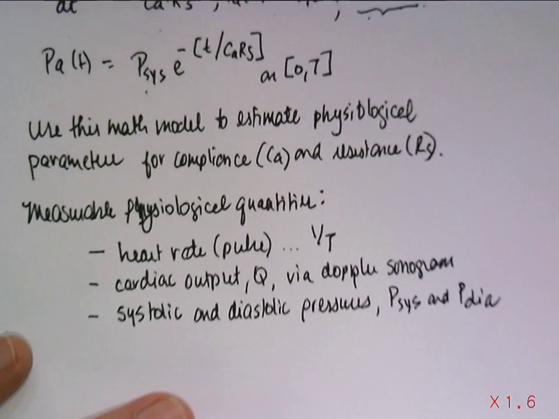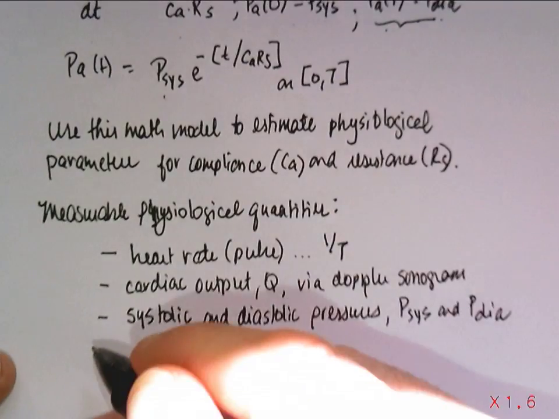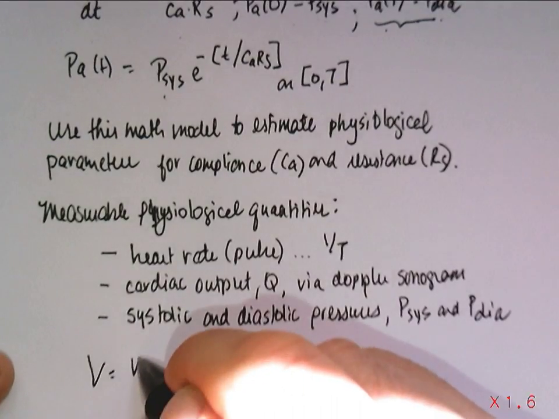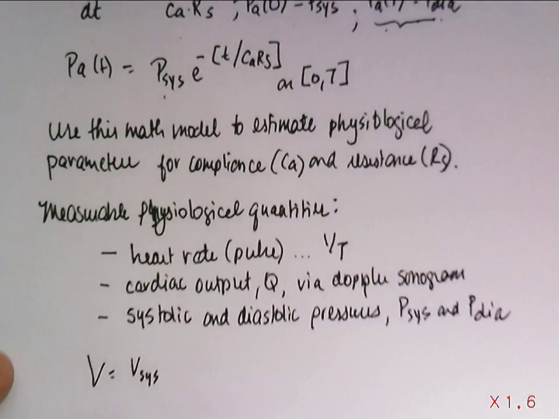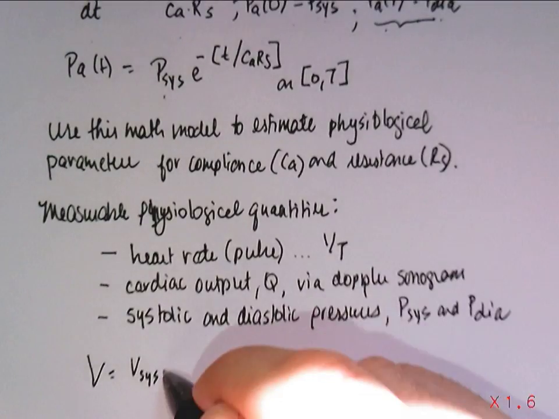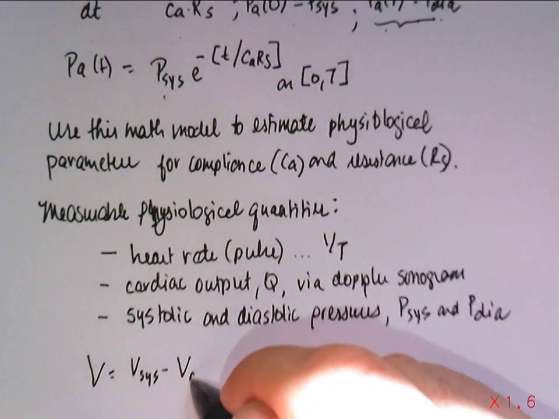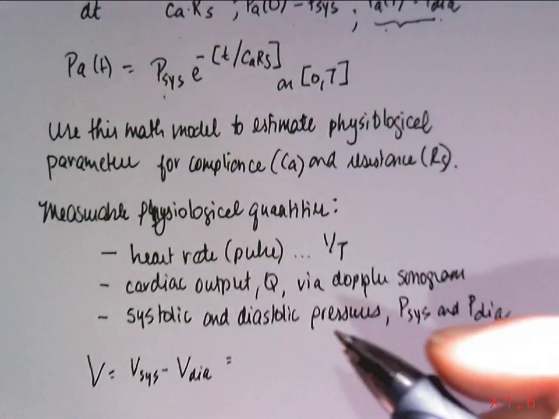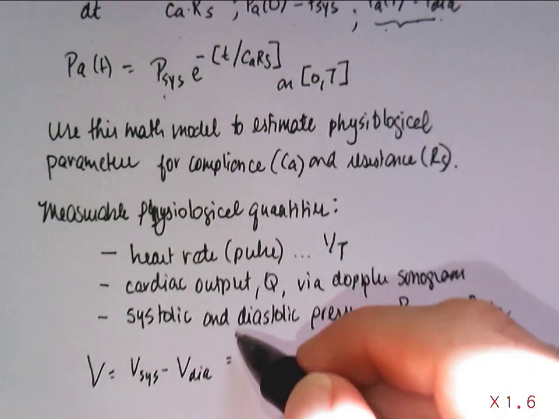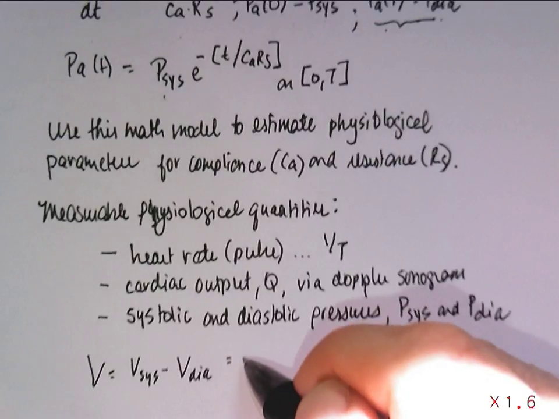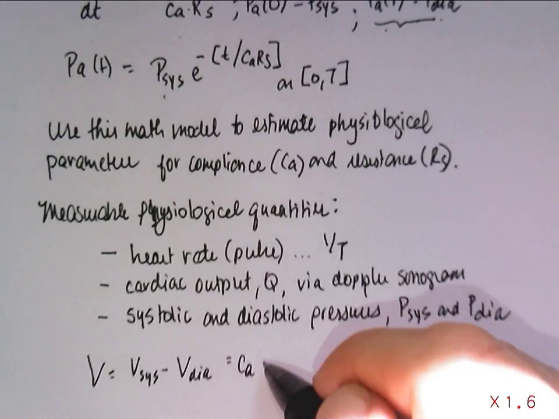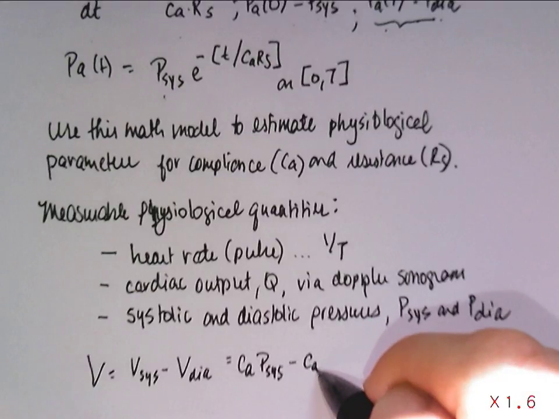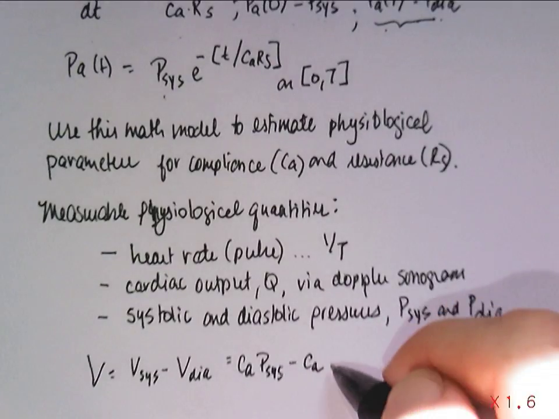All right. So what we know is that if we go back to our stroke volume, V, it could be represented as the difference between the stroke volume during the systolic phase minus the stroke volume during the diastolic phase, which based on the definition of the volume in terms of compliance would be represented as C sub A times your systolic pressure minus C sub A, the compliance, times the diastolic pressure.